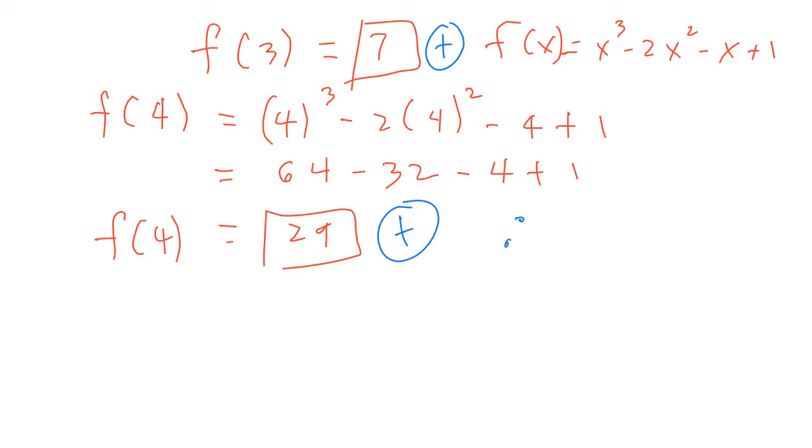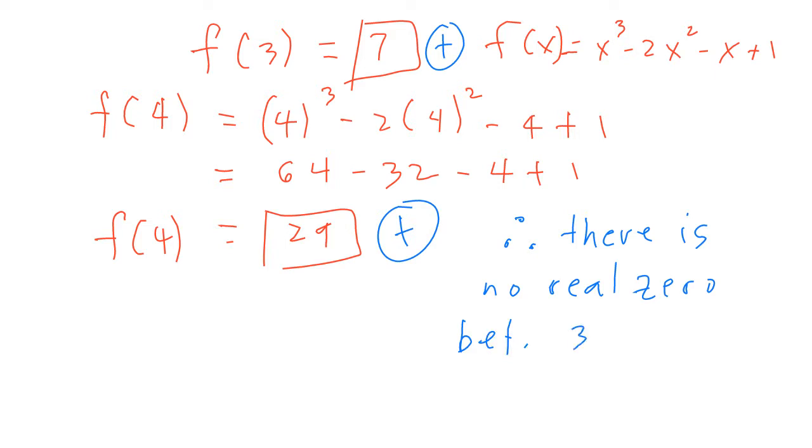So you can make a conclusion, therefore, there is no real zero between 3 and 4. As you can see from the graph also, there's no zero there. So that's how we test using the intermediate value theorem.